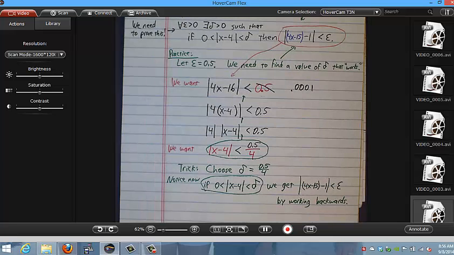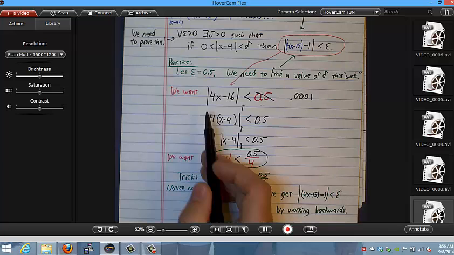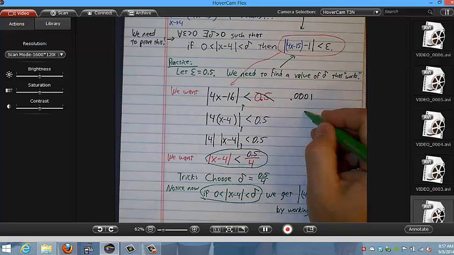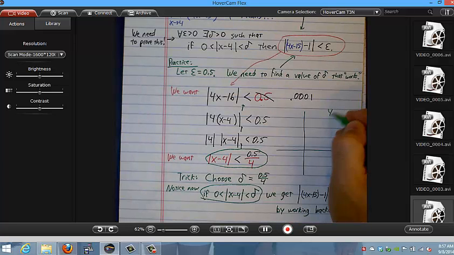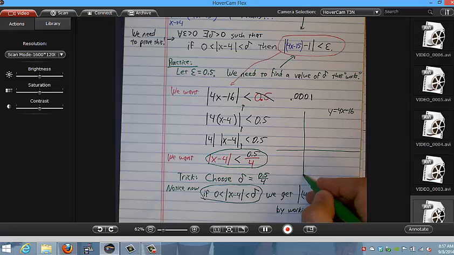And now I'm going to draw a sketch. So let's see. The function that I need to draw is y equals 4x minus 15. That's a beautiful function, right?